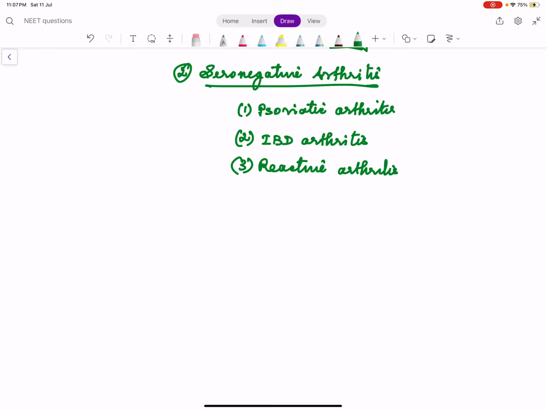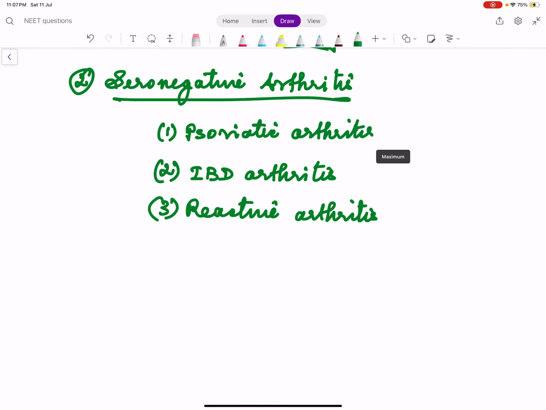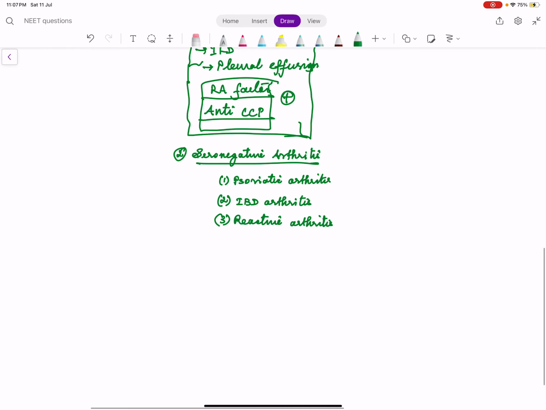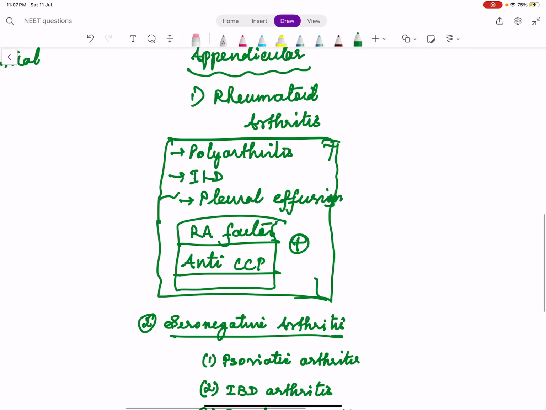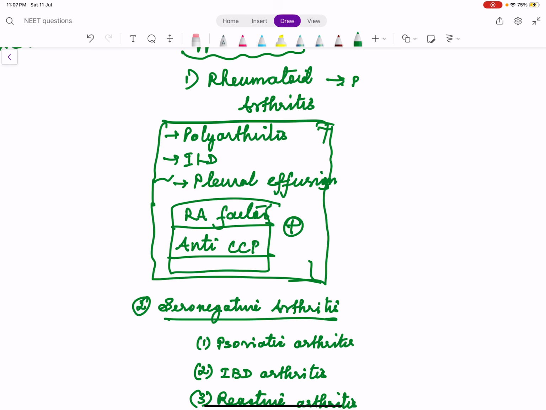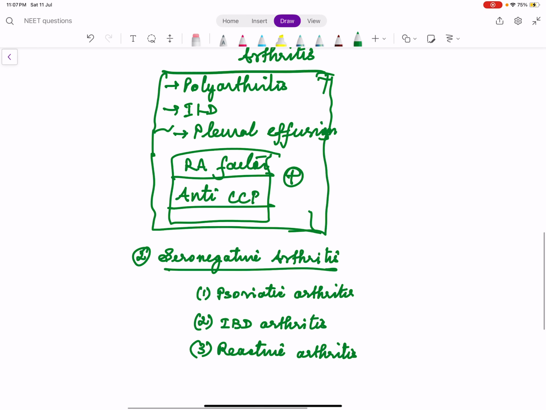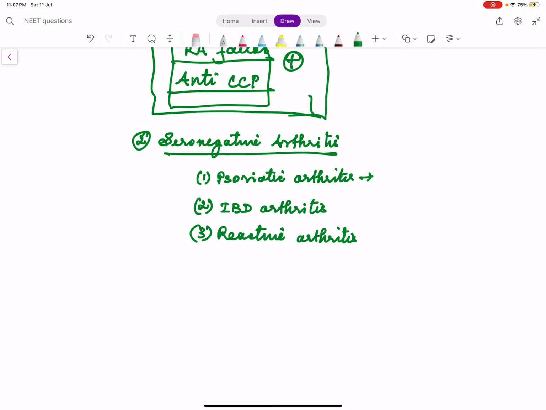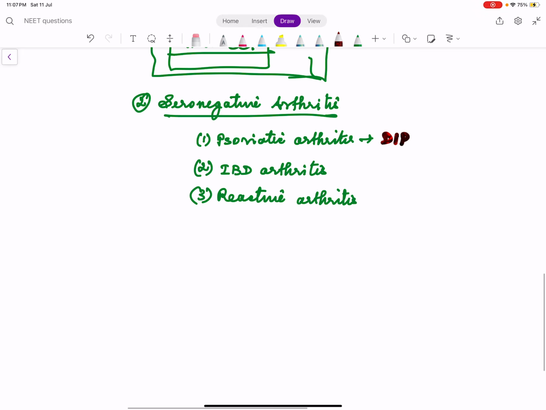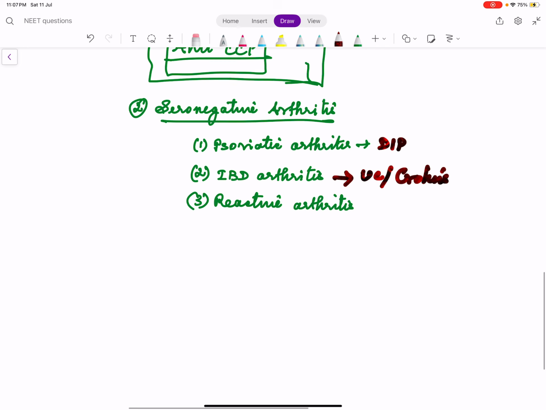Psoriatic arthritis: some clinical questions may come, like rheumatoid arthritis affects the proximal interphalangeal joints, psoriatic arthritis affects the distal interphalangeal joints. So this can come as a clue. IBD arthritis, the patient will have ulcerative colitis or Crohn's in the background, with bloody diarrhea in the clinical question.